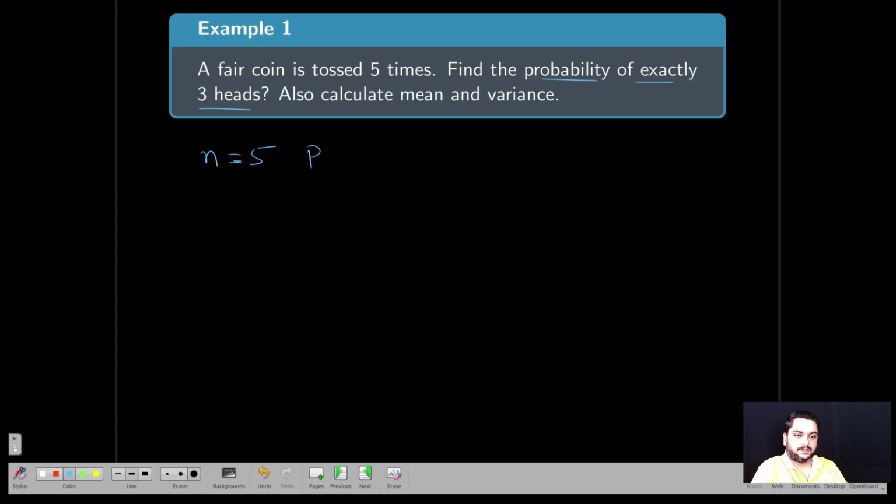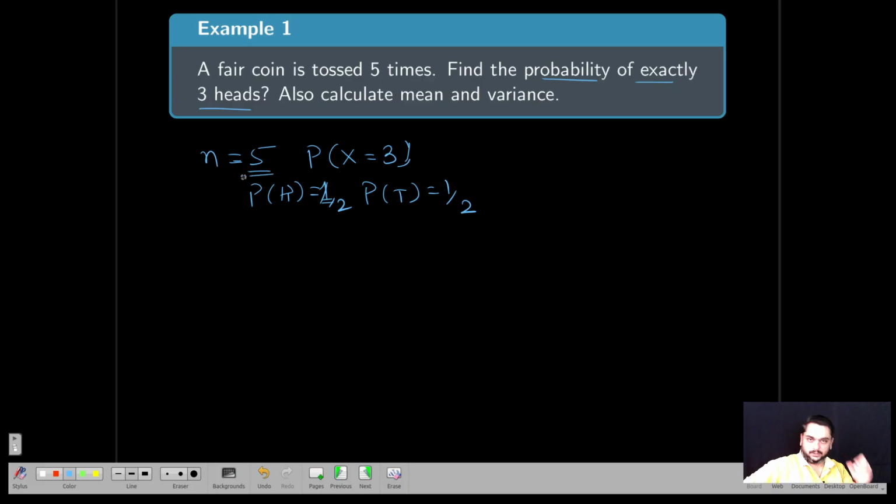They are asking P of X equal to 3. Now, how will you say it is a Bernoulli trial or that it follows binomial distribution? The probability of getting head is 1 by 2. The probability of getting tail is 1 by 2. If you observe all this data, there are only two outcomes, and this probability 1 by 2 is fixed for all the trials. And there are 5 trials.